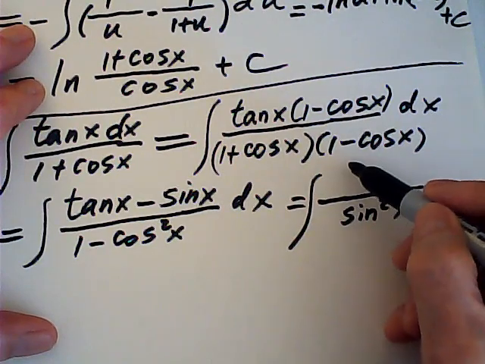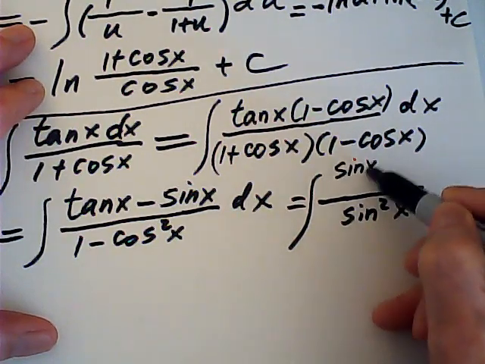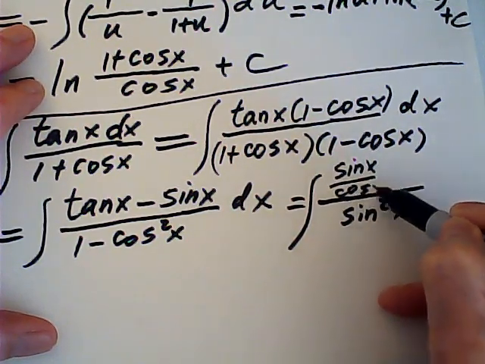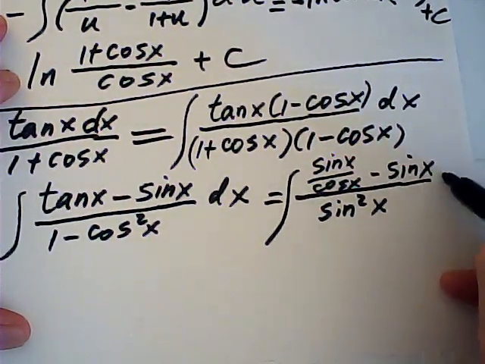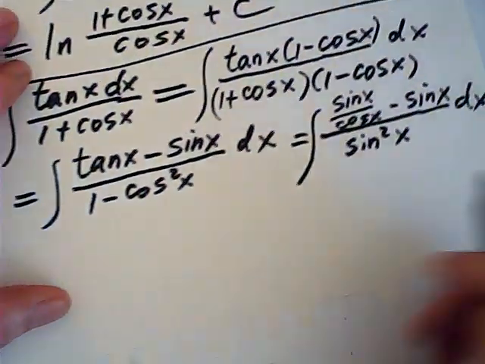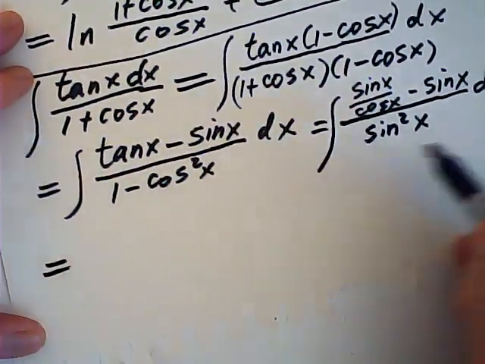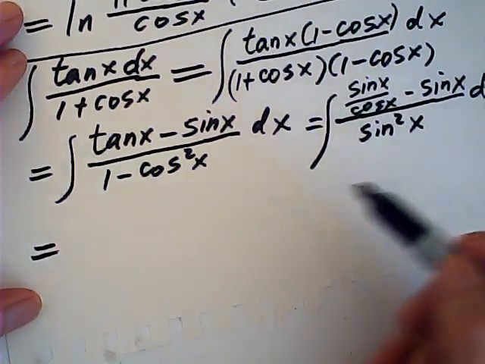And this will be sine over cosine for tangent, minus sine x dx. So we can have two parts of the integral.